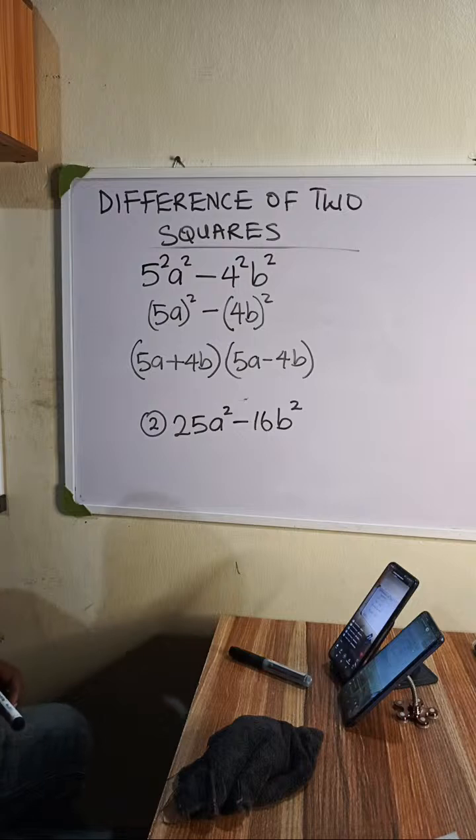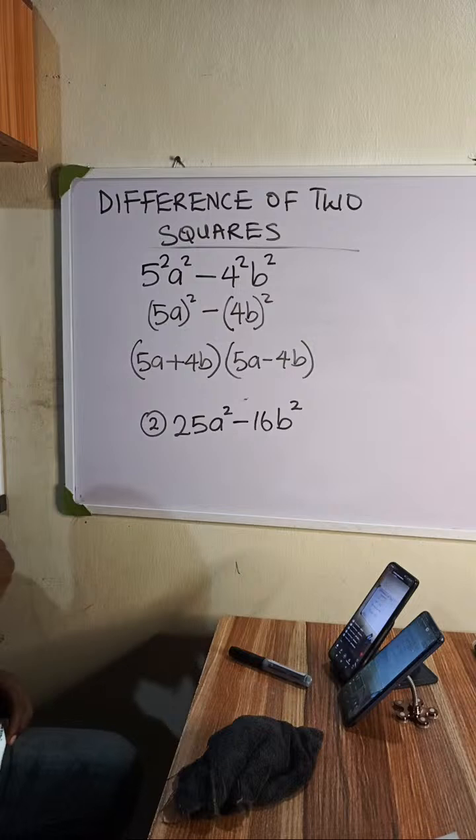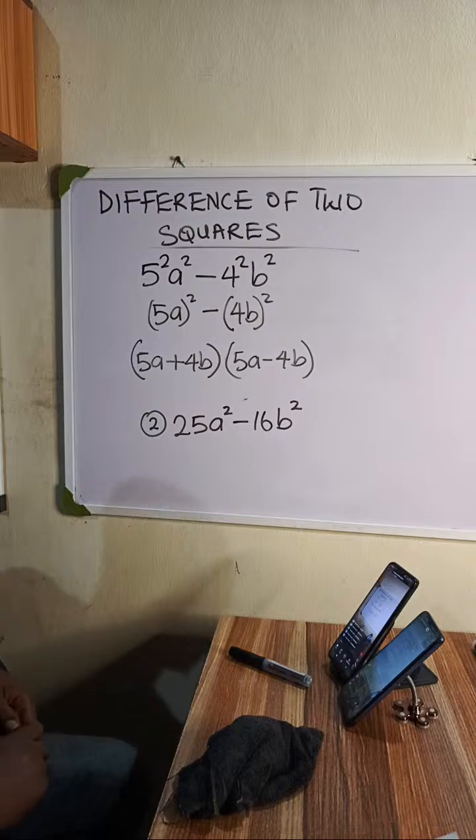Should we stop at this point or should we go a little bit further? Because we can still look at factorization of quadratic expressions. Should we stop at this point?